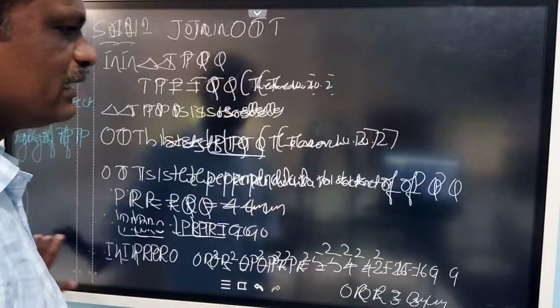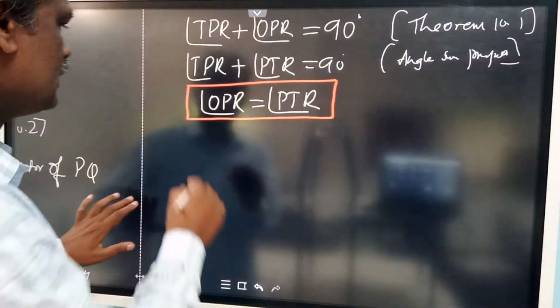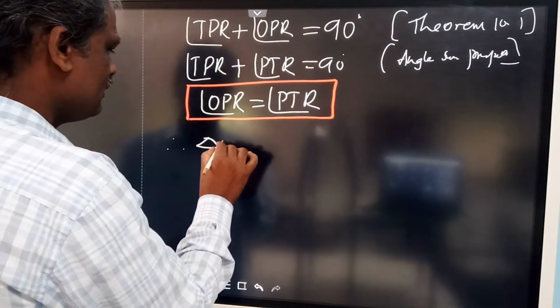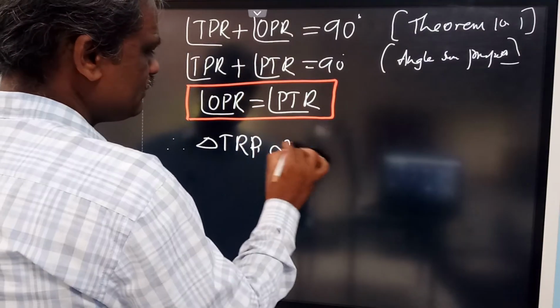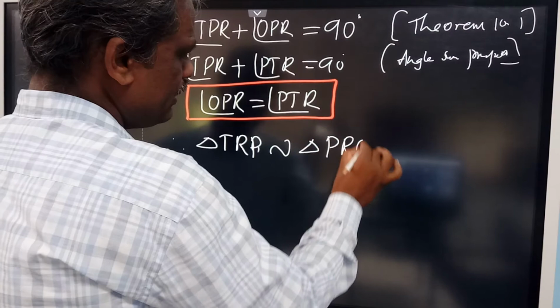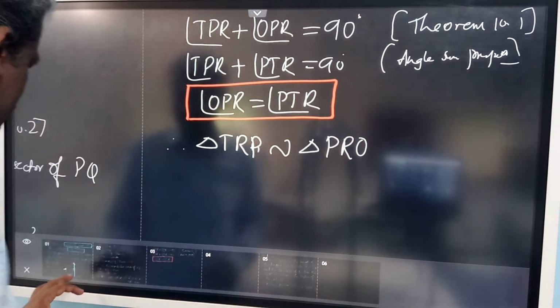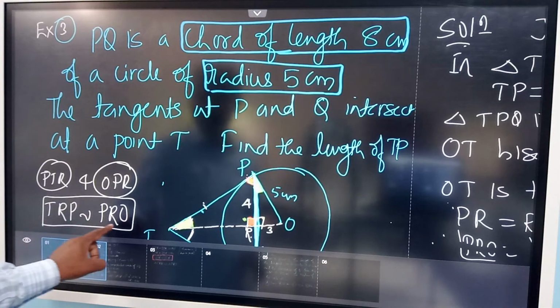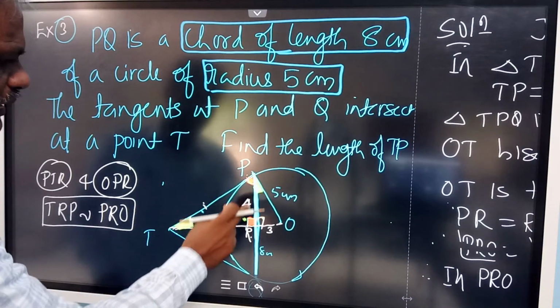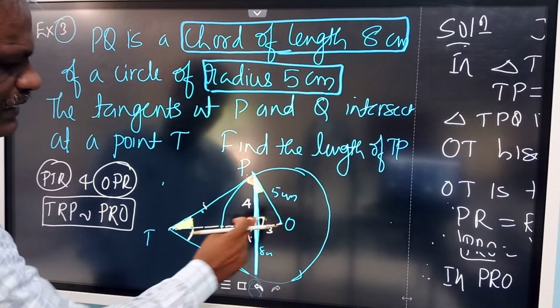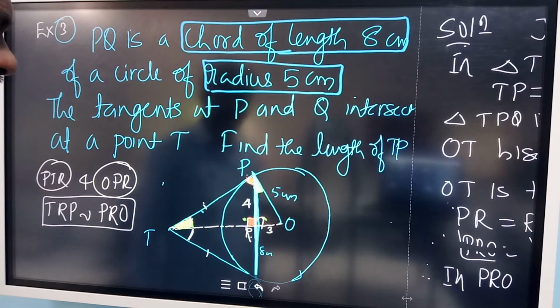So I directly write. So therefore triangle TRP is similar to triangle PRO. Look at this. TRP similar to PRO. We have explained because these two angles are equal and these two angles are 90 degree to each other.